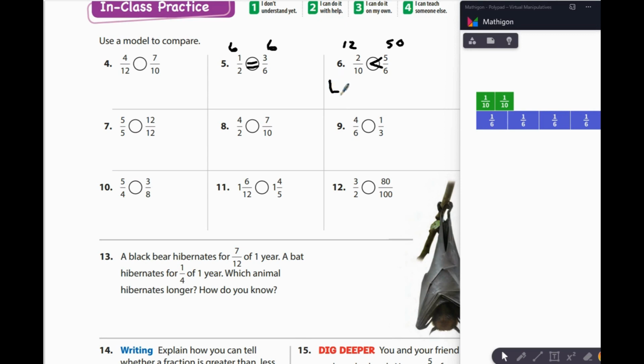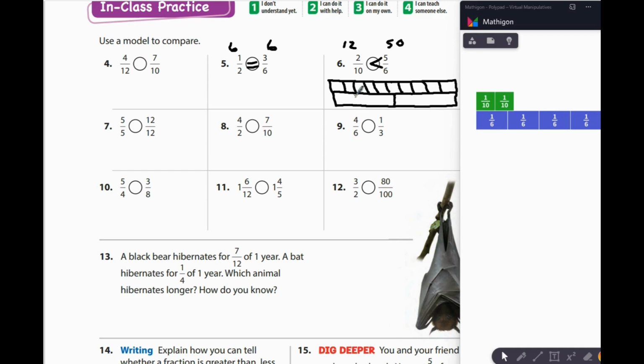I'm going to draw my rectangle here, and divide it into 10: 1, 2, 3, 4, 5, 6, 7, 8, 9, 10. And I'm going to divide the other one attached right to it into 6.